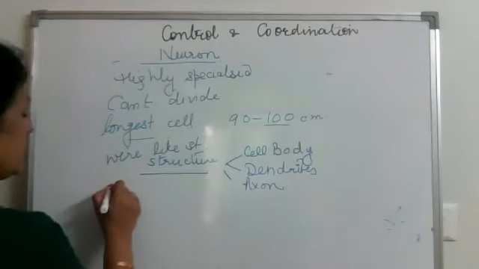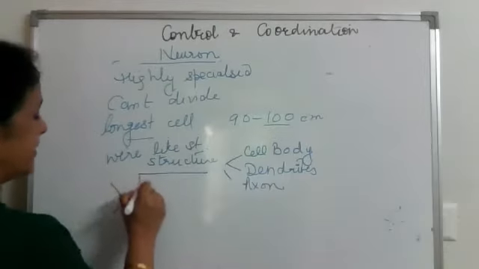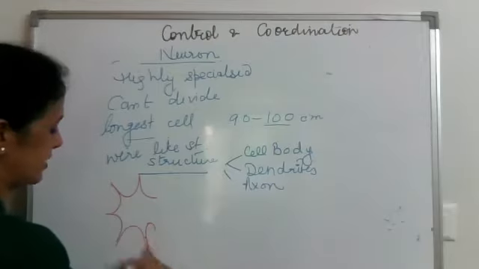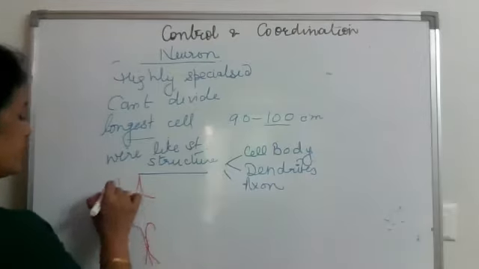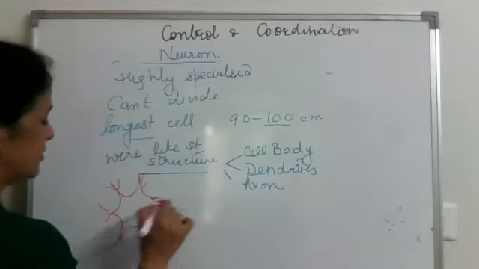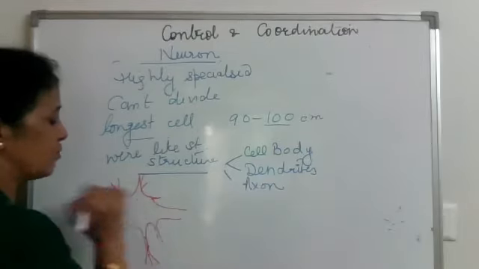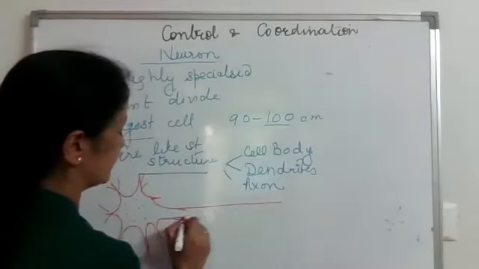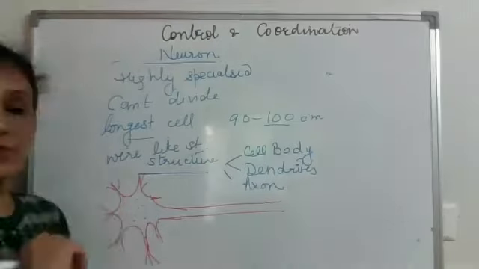What I am drawing right now is the dendrites. And bounded by the dendrites is the cell body. Then this is the axon.